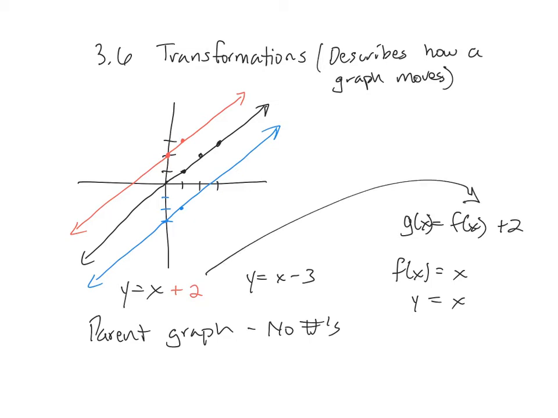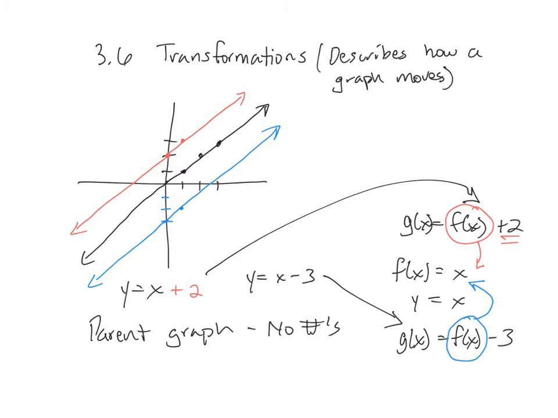So that means the same thing. If I did g of x equals f of x minus 3, that means the same thing. This just means take the original line, whatever that looks like, this one, and do minus 3 to it. So the blue one goes to the blue one. This means take the original line, this one, and do plus 2. So that's the red one.